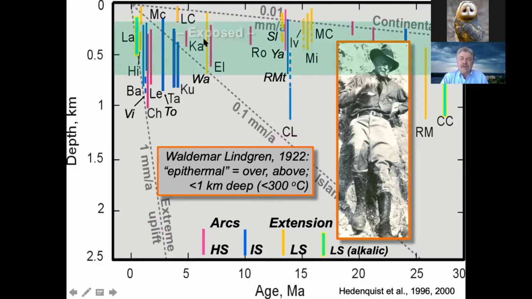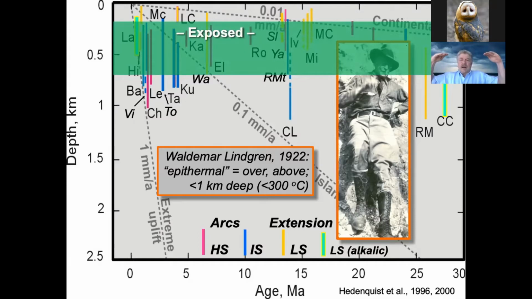Now, if we have a few hundred meters of erosion below the paleosurface, the surface at the time of formation, then oftentimes we expose these epithermal deposits, and they are relatively easy to explore.